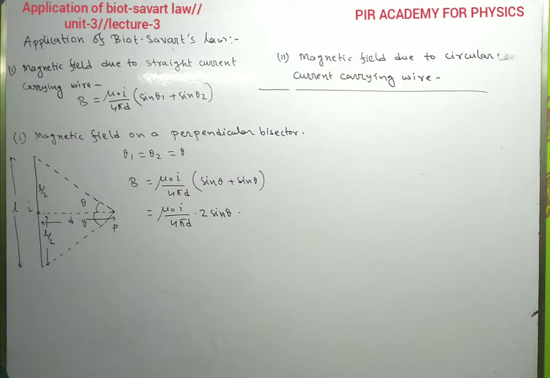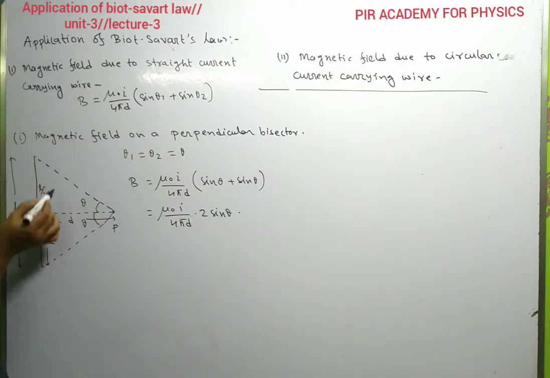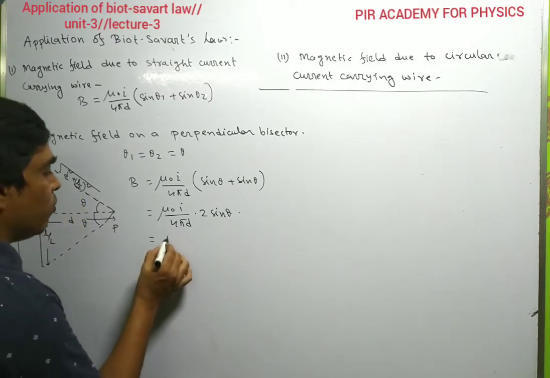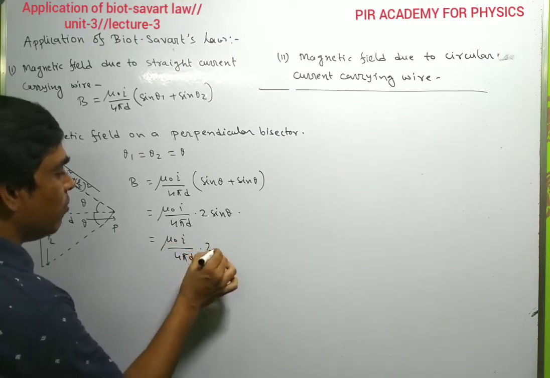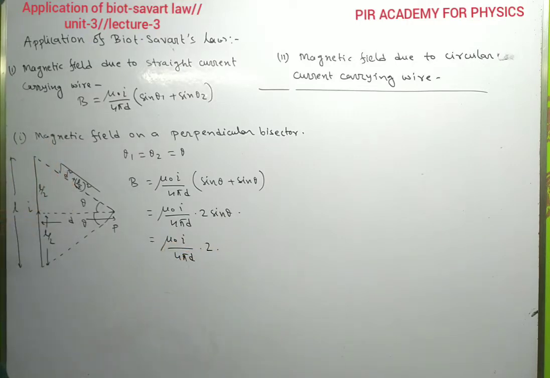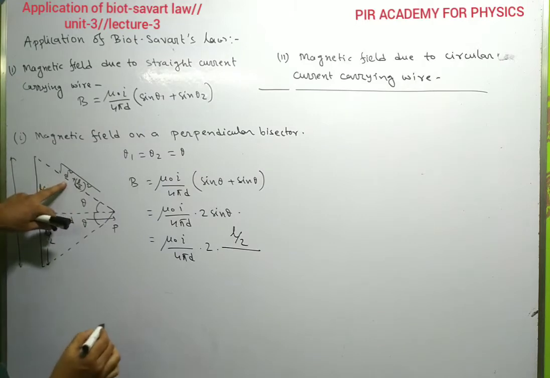If you want to calculate the value of sin theta in terms of d and L, the value of this side will be root over d square plus L by 2 whole square. So what is sin theta? This is theta. Sin theta equals L by 2 divided by this side.